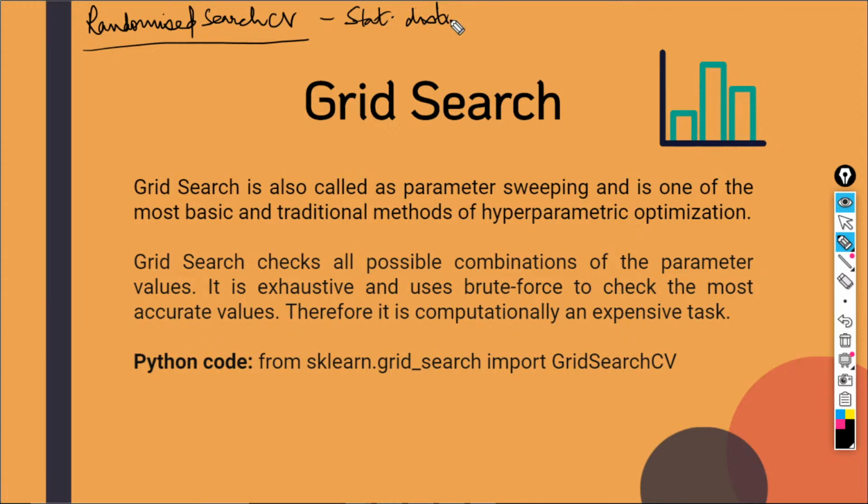Statistical distribution. Now, from the combined values of the different parameters we have, randomized search would randomly pick values.